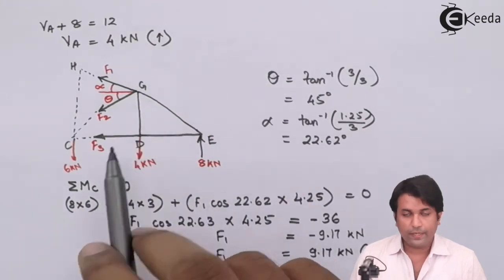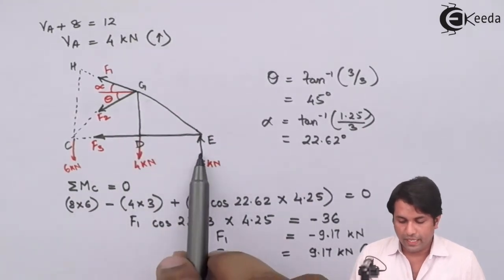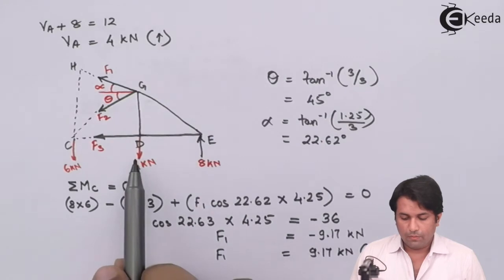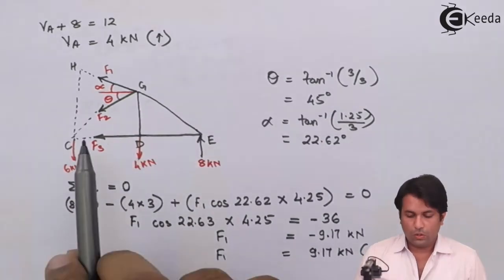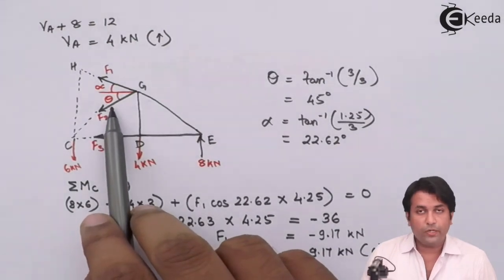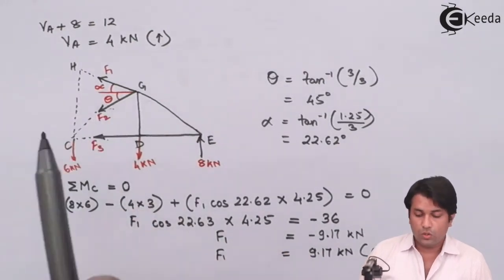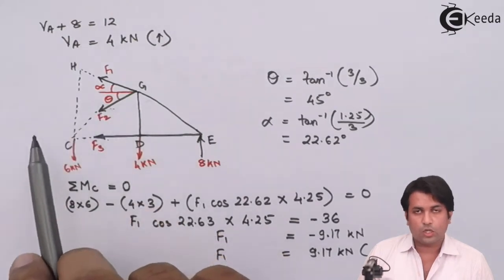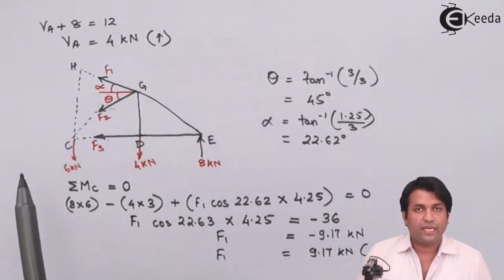Now, if you look over here, moment about D, this is going to create an anti-clockwise moment. Moment due to this force will be 0. Moment due to this force will be again 0. The sine component of F2 will be 0. I will have to consider the cos component, same as with F1.